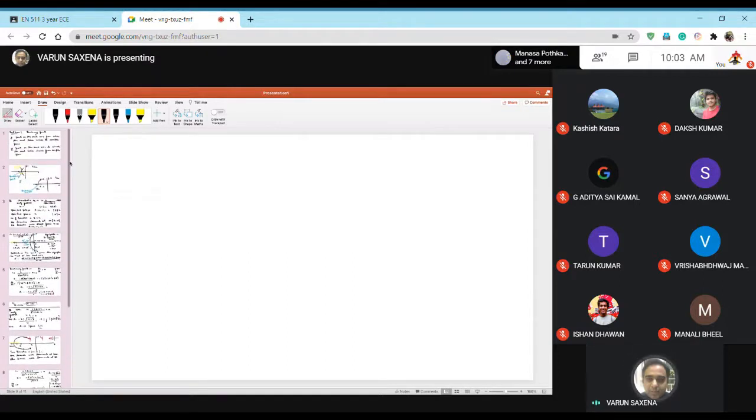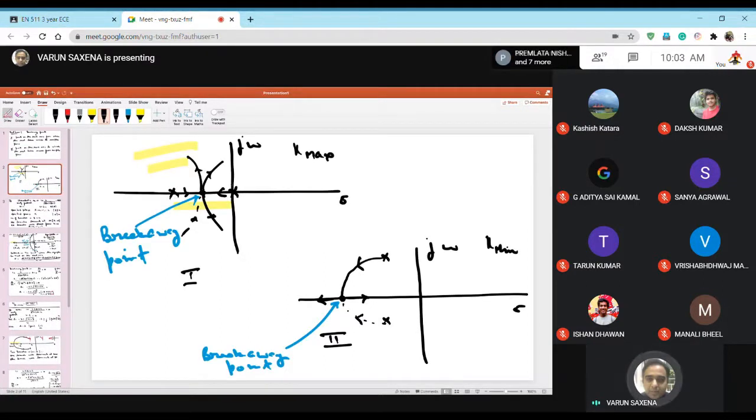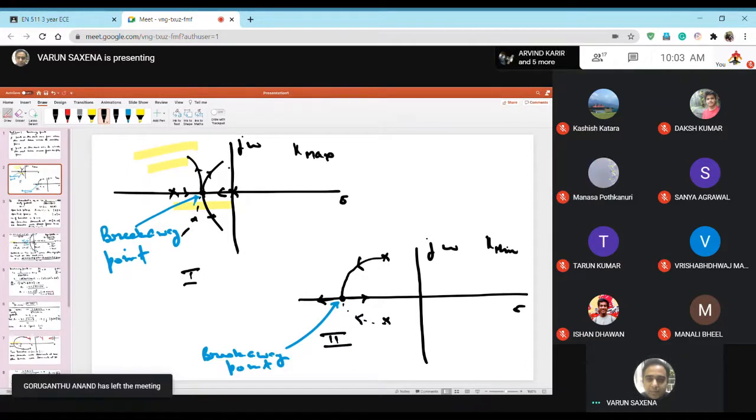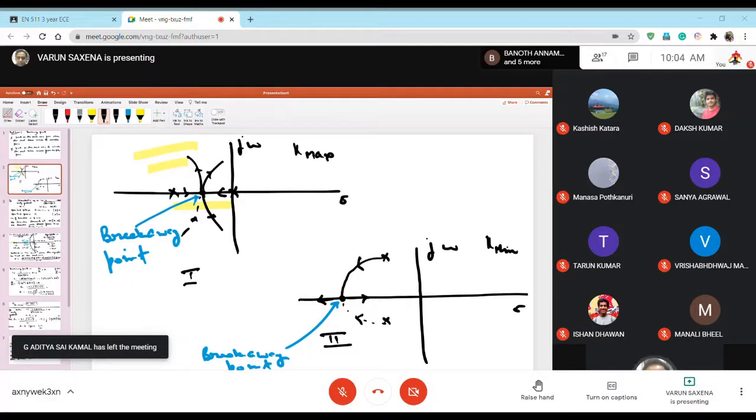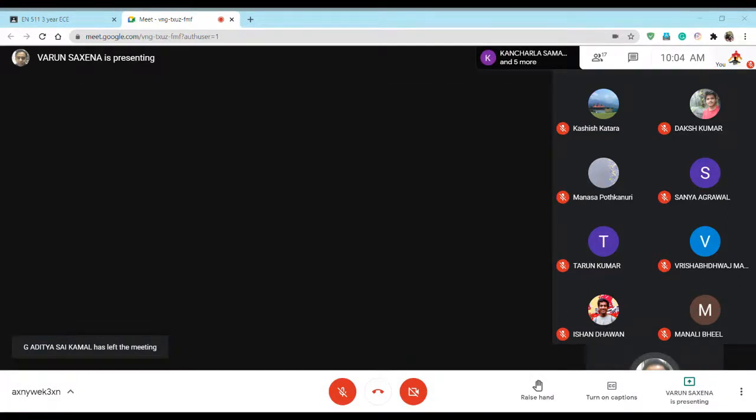Before we move to this discussion, of course, it's part of this topic only, but we have considered two cases. In one case, the breakaway point is on the real axis and the root locus is moving out into the complex plane. The second is that the root locus starts from some place in the complex plane, but comes to the breakaway point on the real axis. So one is case 1, and the other is case 2.